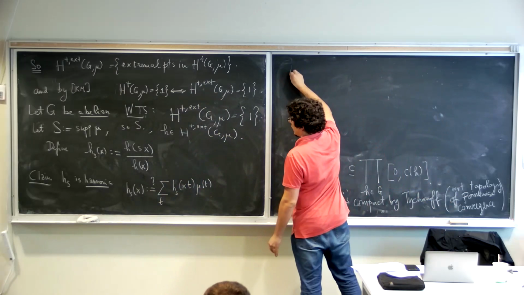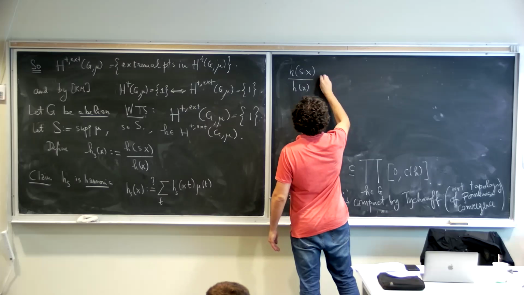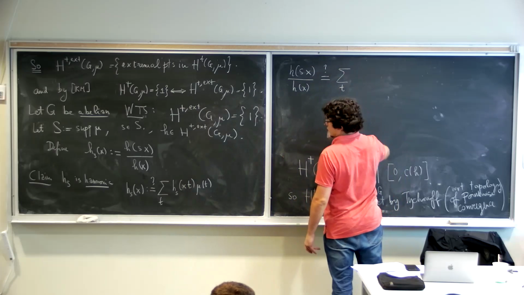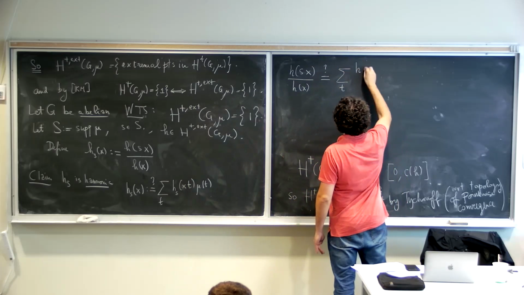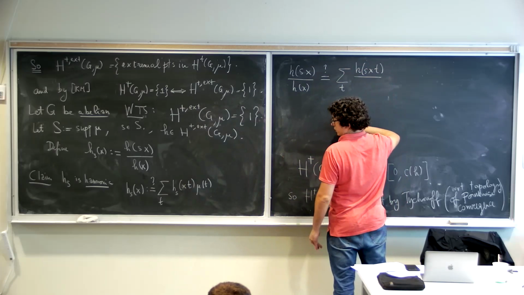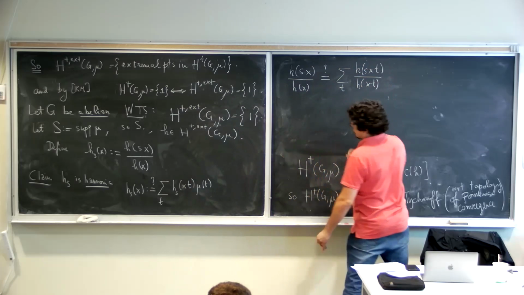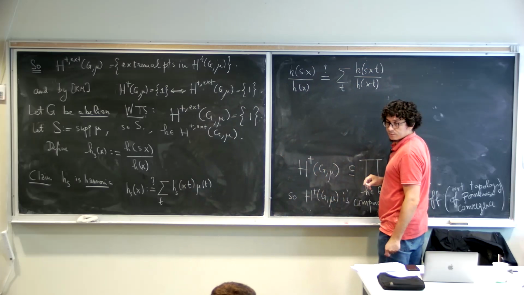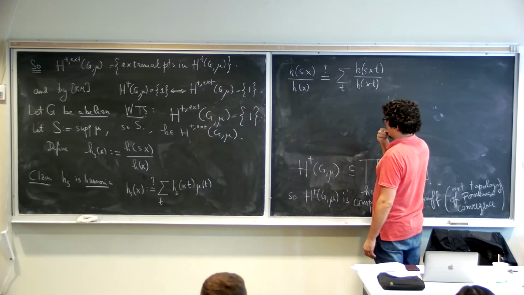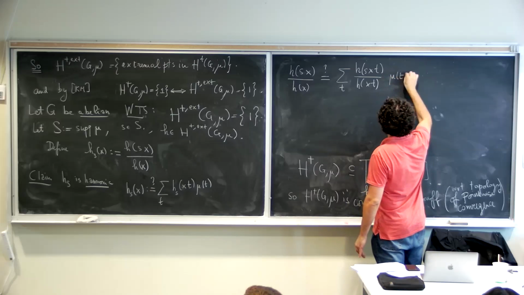So HS of X is H of Sx divided by H of X. And the question is, is it the same as H of Sxt divided by H of Xt, times mu t?